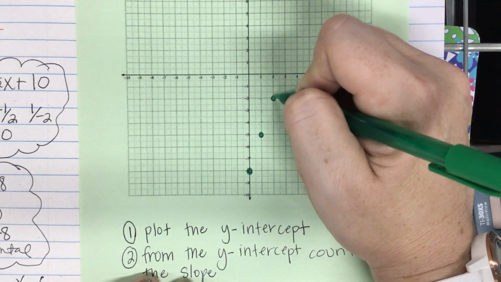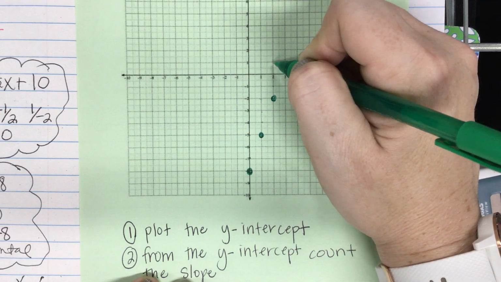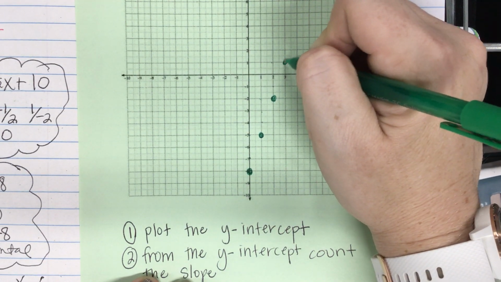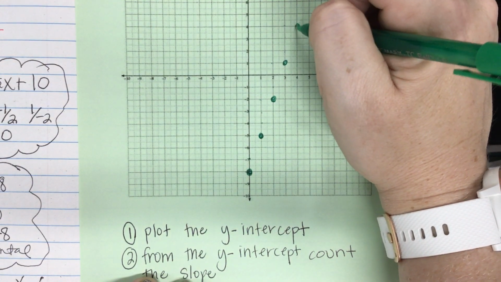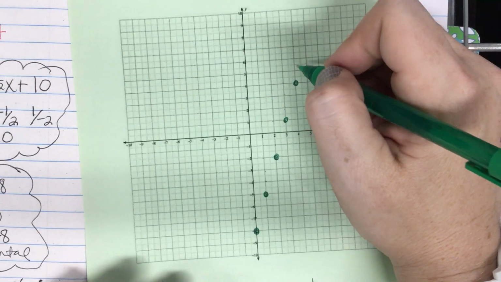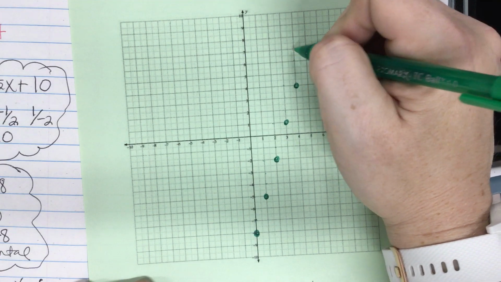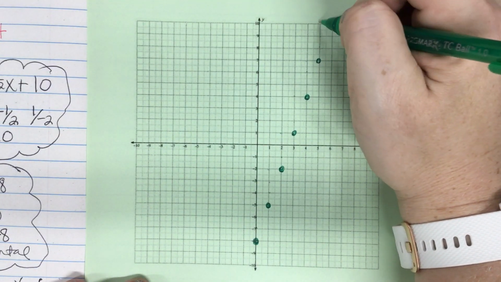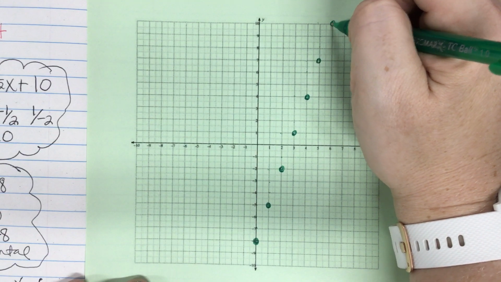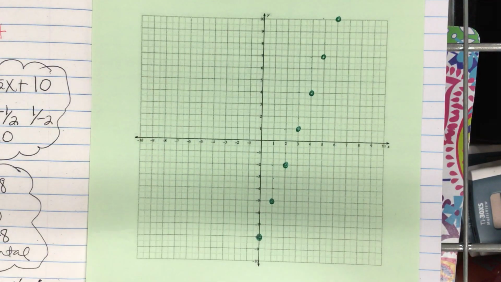I'm going to do this until I run out of room, because the more dots we have, the straighter our line is. We are going to do a unit called systems of linear equations, and you're going to want as many points on your line as possible during a systems.